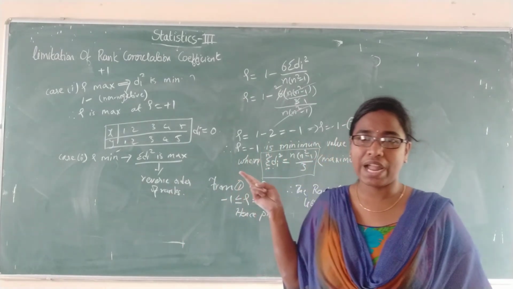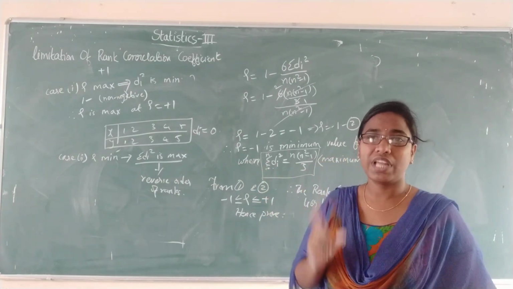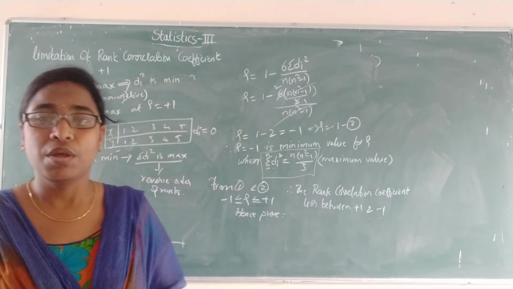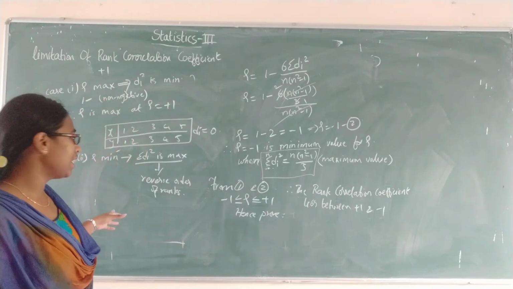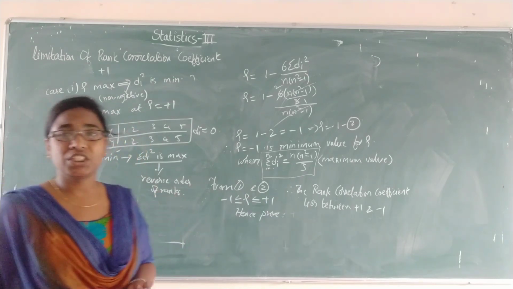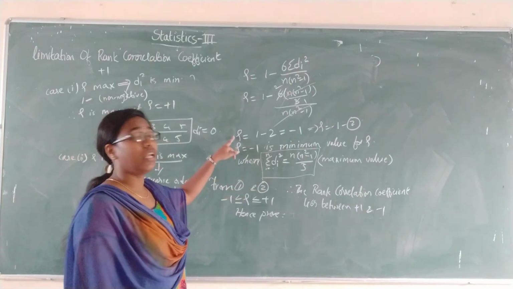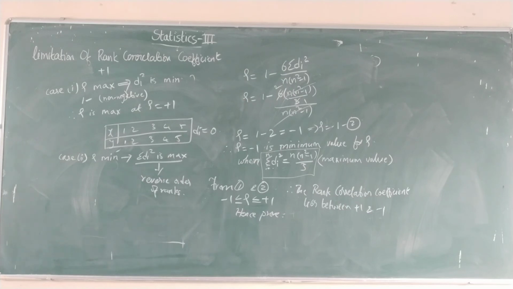By adding those two equations, you will get a d value, and for that d value you square and sum on both sides. By squaring and summing, you will get the summation di square value. That summation di square is the maximum value for which we will get the rho minimum value. So this is the limitation of rank correlation coefficient, that is rho lies between minus 1 and plus 1.